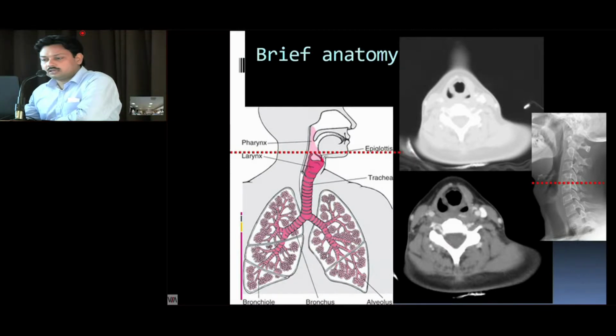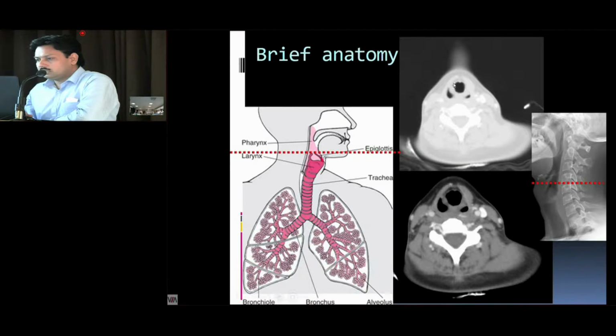If we are interested in evaluating the airway, then we include the neck and thorax, and from skull base to diaphragm, we take the CT data, and various windows are available for visualization. This is the lung window, which clearly visualizes the airway, and this is the soft tissue window, which visualizes the soft tissue structures like muscle, vessel, any mass.